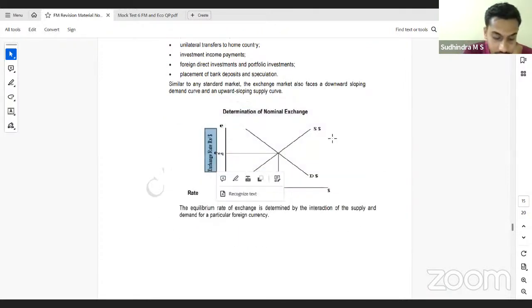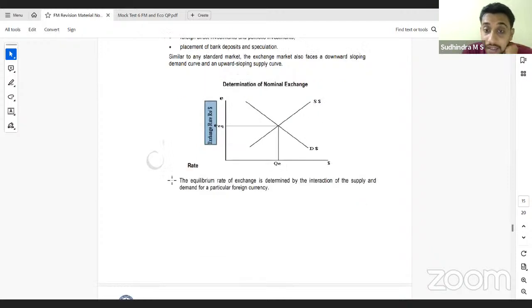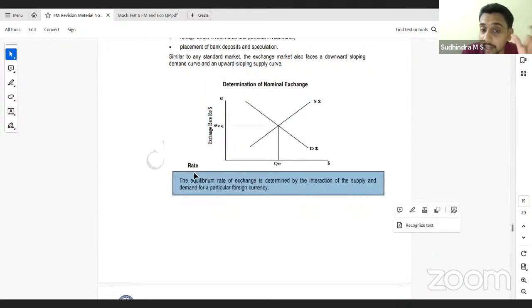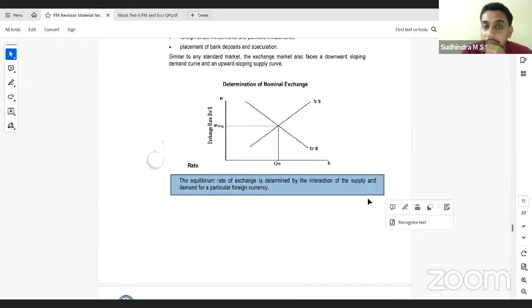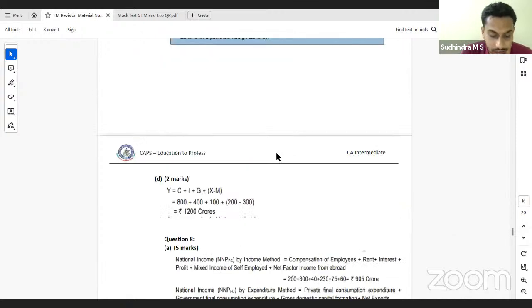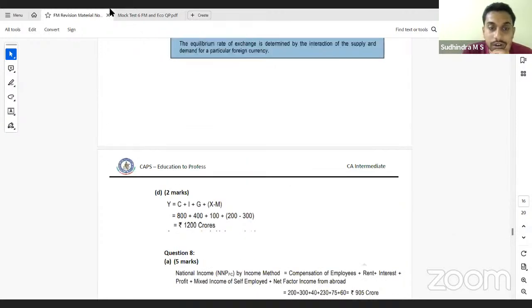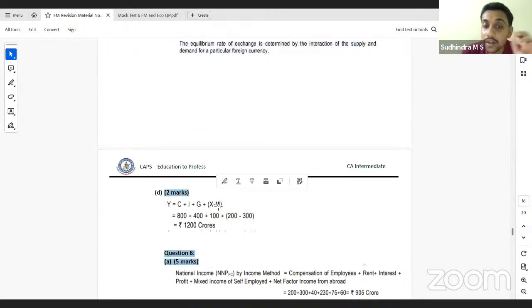This chart carries 1 mark, and the sentence that an equilibrium rate of exchange is determined by the interaction of supply and demand carries 1 mark. Then they're asking the calculation. This formula carries 1 mark, and the calculation with the final answer of 1200 gives you 1 mark.